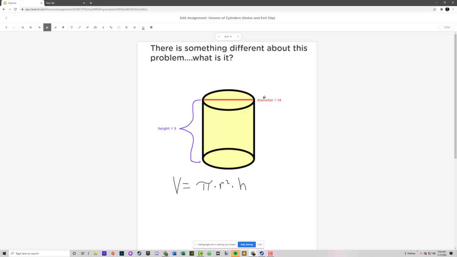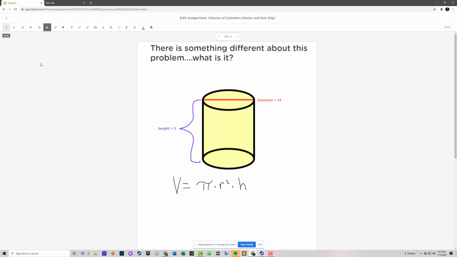And what the people who make these problems think you're going to do is take diameter and plug it in for the radius, which will guarantee that you arrive at the incorrect answer. So it is a trap question.